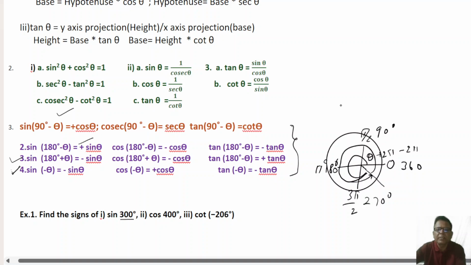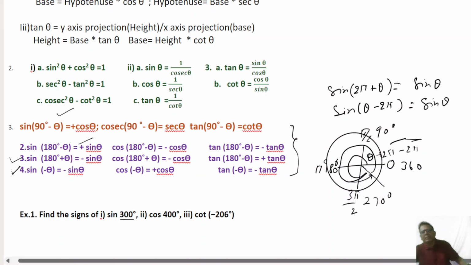That means the trigonometrical ratio for the angle, whether you are adding or deducting, will not change; it will remain the same. Any trigonometrical ratio, take 2 pi plus theta, it remains sin theta, or if you subtract, theta minus 2 pi, it will remain sin theta.